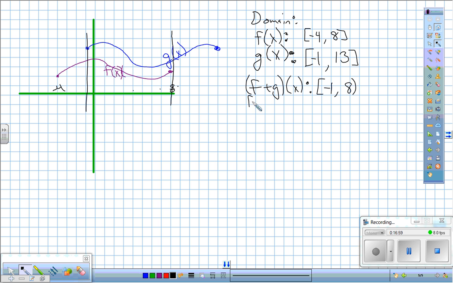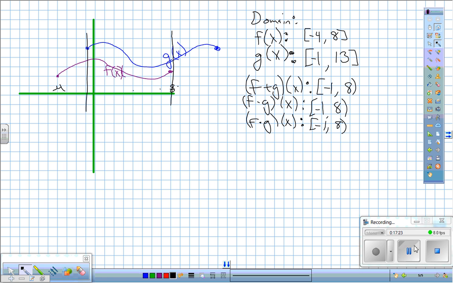For f minus g, same thing, -1 to 8. F times g. I don't know how you guys write your multiplication signs. If you make it with a dot, make sure you use a closed dot, because we will use like an open circle-y thing. Sometimes I just get lazy when I'm making dots. So -1 to 8 again.